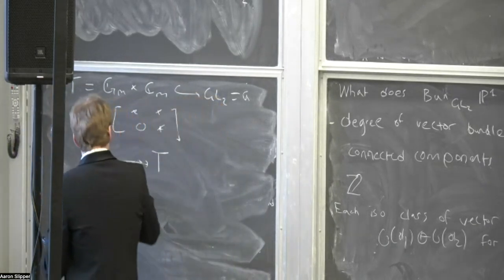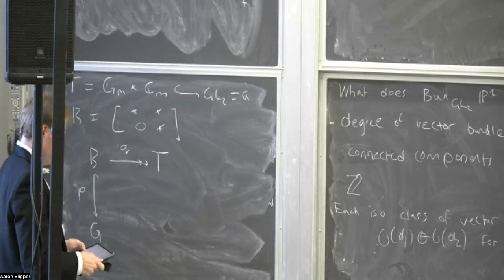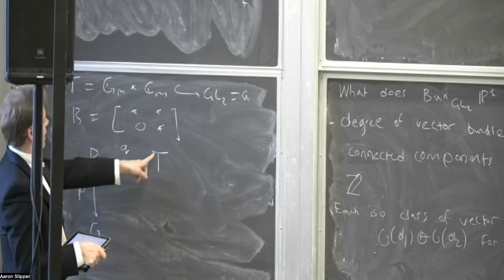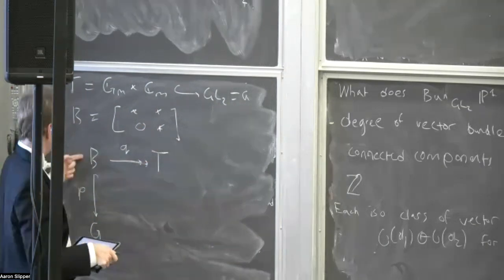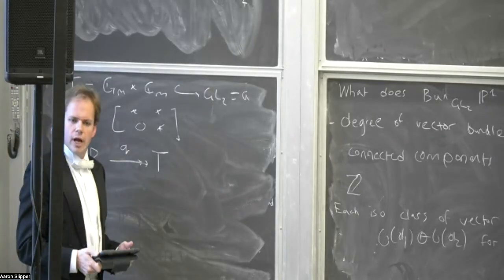I'm going to label these Q and P. So in this diagram, you have B surjecting, by modding out by the unipotent subgroup, onto the torus T, and B mapping into G. So this is the basic diagram for so-called geometric Eisenstein series.